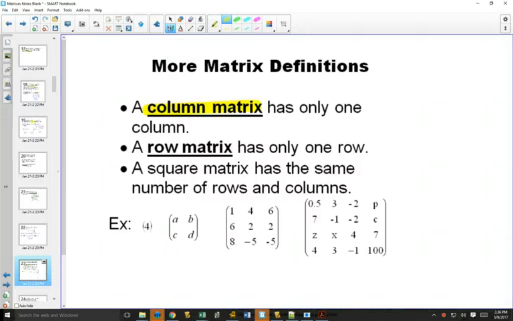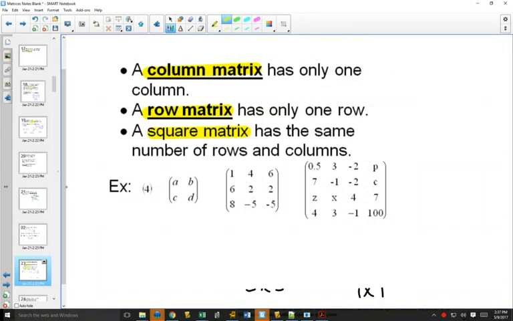If you have a matrix with only one row, we call that a row matrix. Not surprisingly, a square matrix has a certain shape.